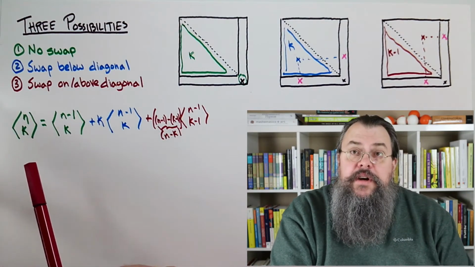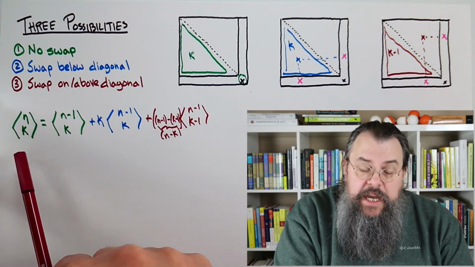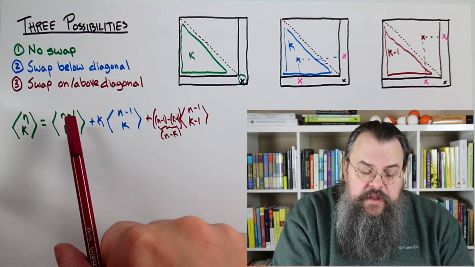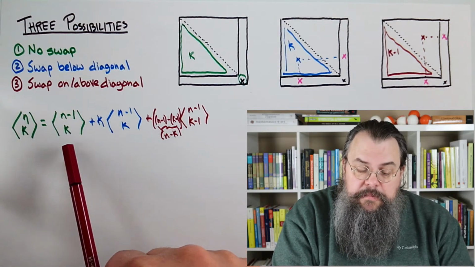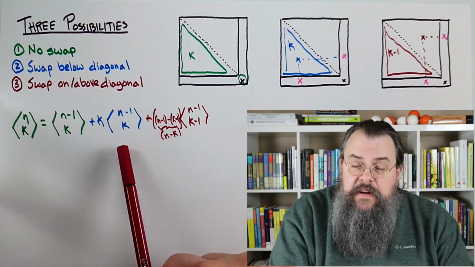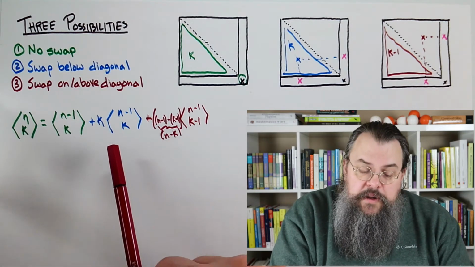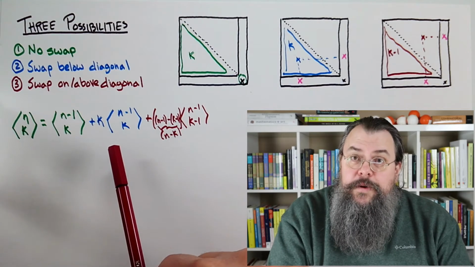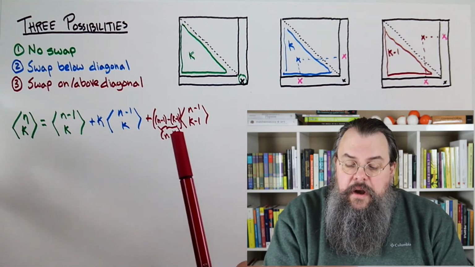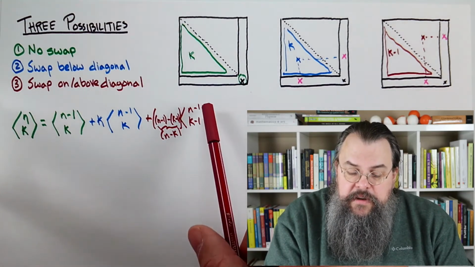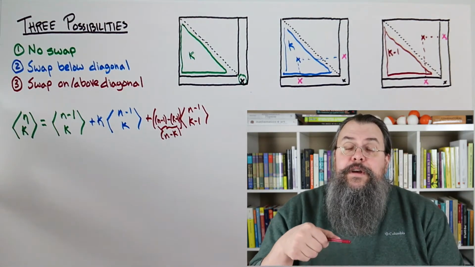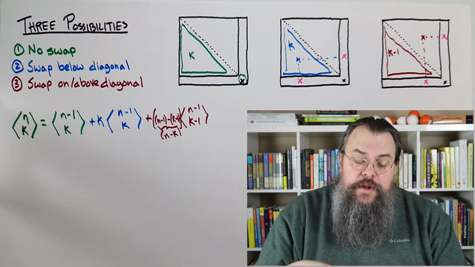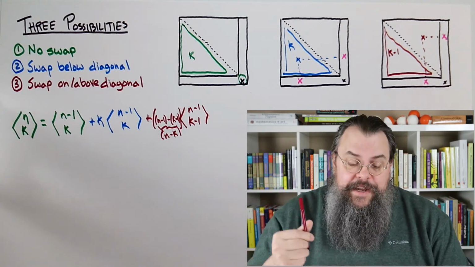So the total number of n by n boards with k rooks below the diagonal, well, it's the Eulerian number n minus 1, k if we don't do a swap. k times n minus 1, k is if we start with a smaller board with k rooks below and we swap with something where we have a rook below. And n minus k times n minus 1, k minus 1 is if we start with something slightly smaller, one fewer rook below, but we swap with something above the diagonal.